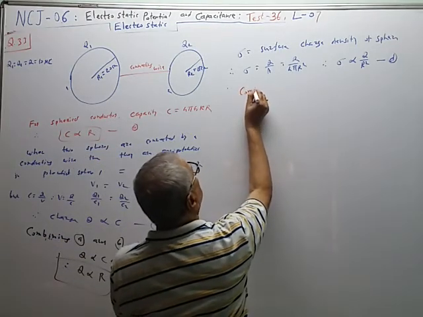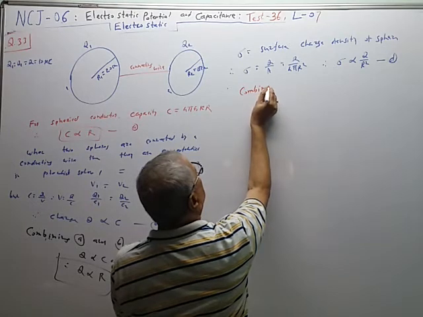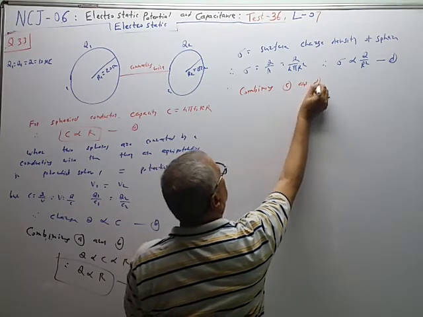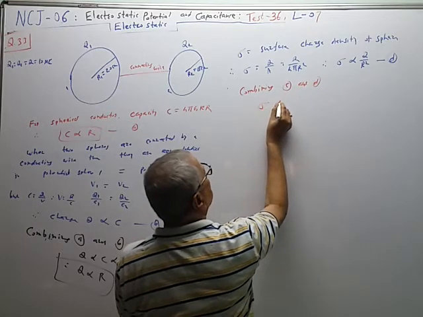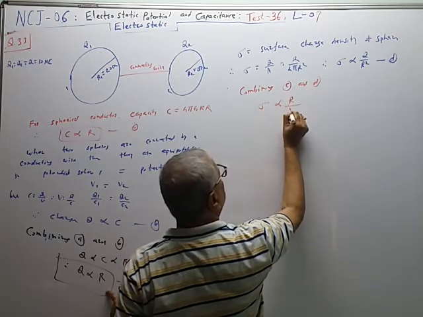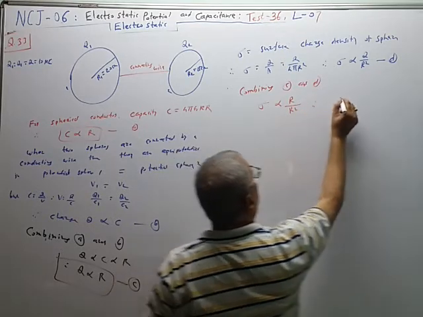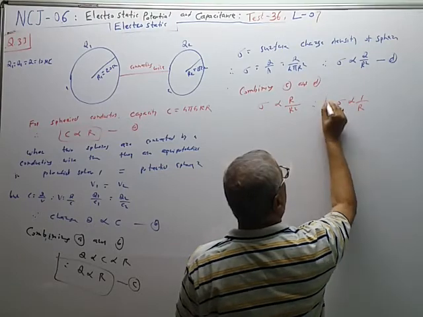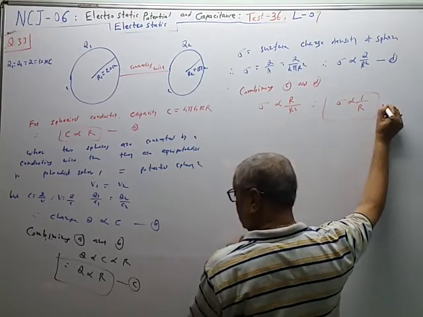Combining C and D, Q is directly proportional to R and this is R square. So R will get cancelled. So sigma is inversely proportional to R. This is the final result.